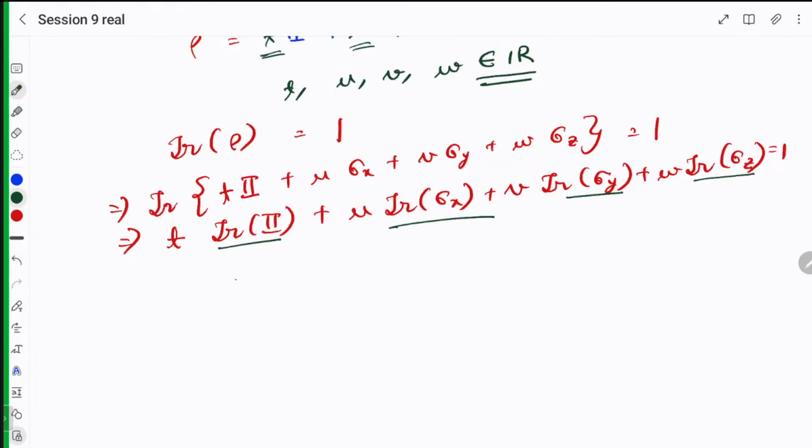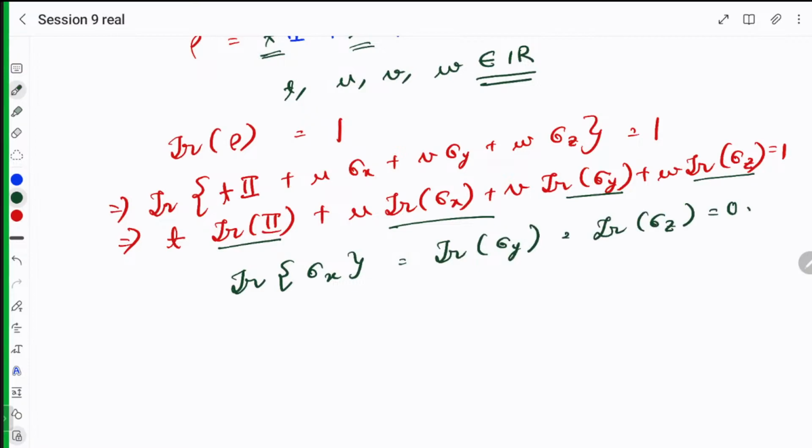For the Pauli matrices, I'll leave it to you to check that trace of sigma x, sigma y, and sigma z are all 0. That's why Pauli matrices are traceless. Since this trace is 0, we say they are traceless.